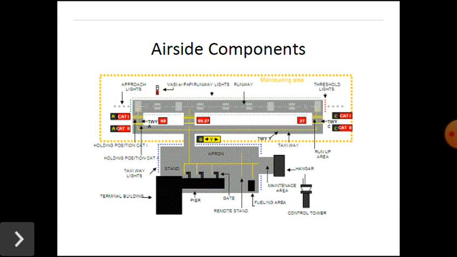In airside, the components are runway, taxiway, apron, then marking, lighting, hangar, etc. And from the landside, apart from these airside components, there are the terminal building, then parking area, and any godown hangars.